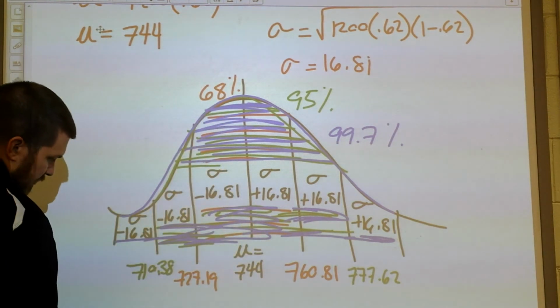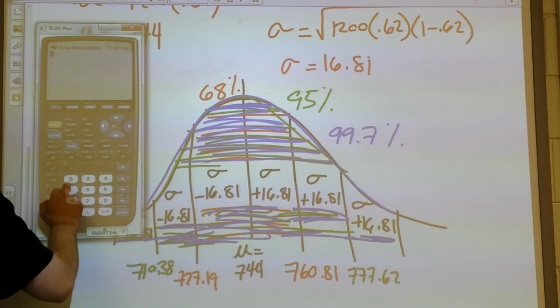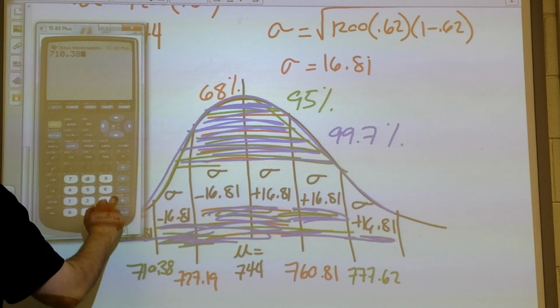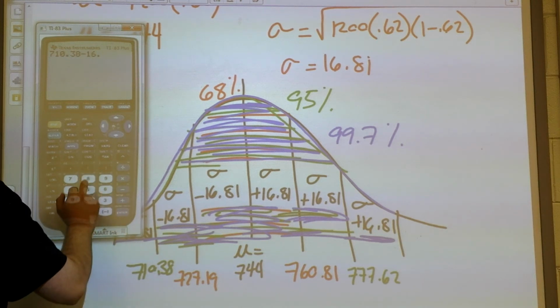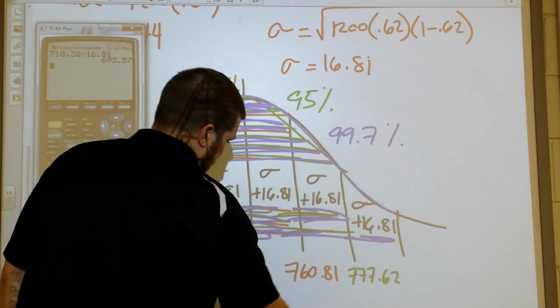So what we have is 710.38 minus 16.81 is 693.57.